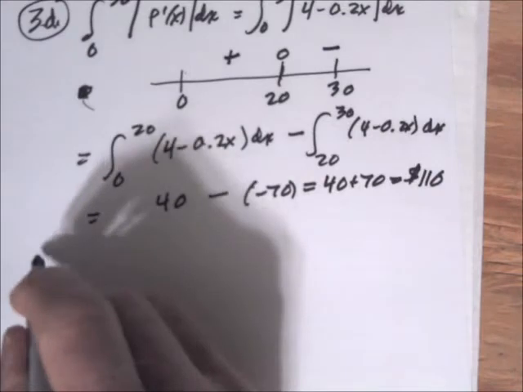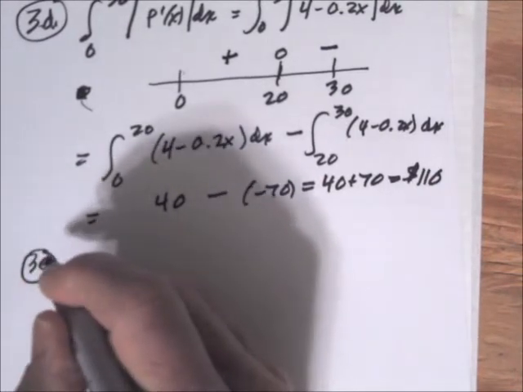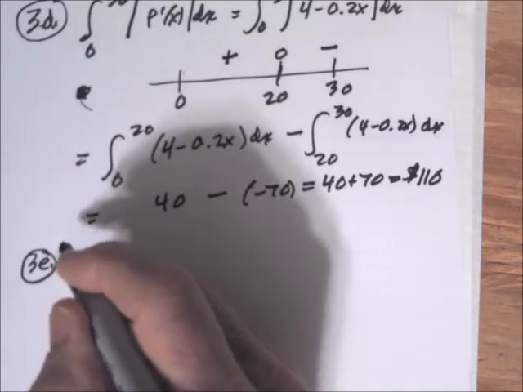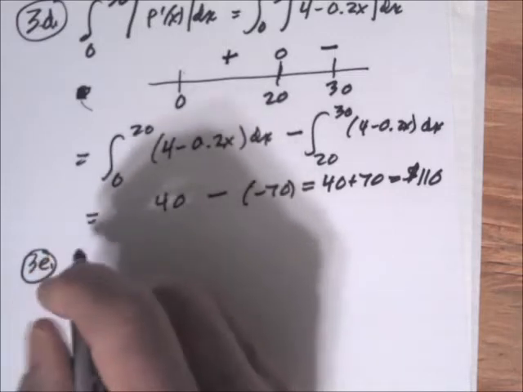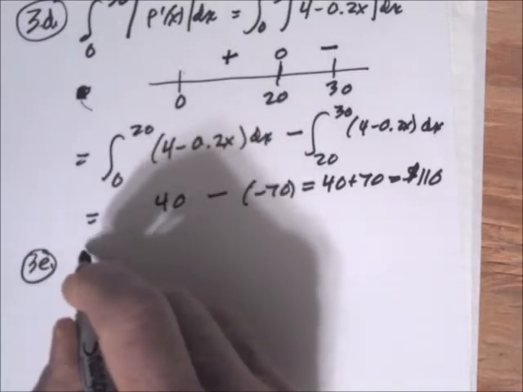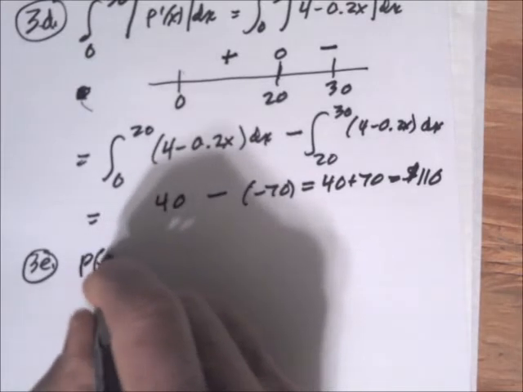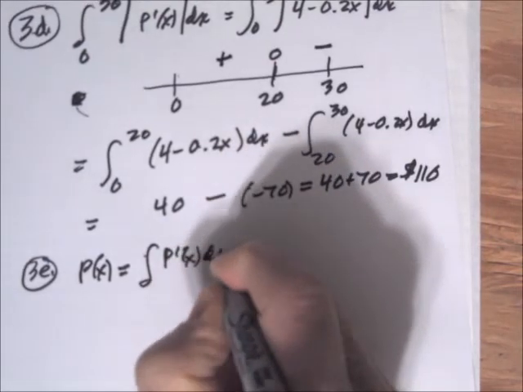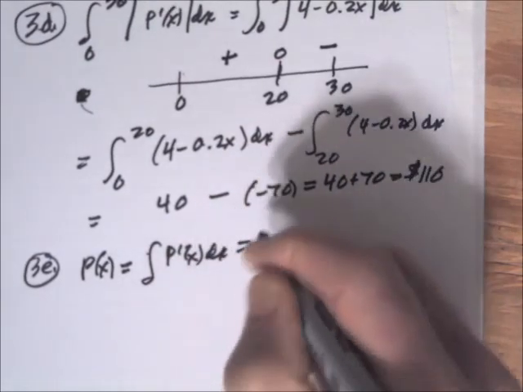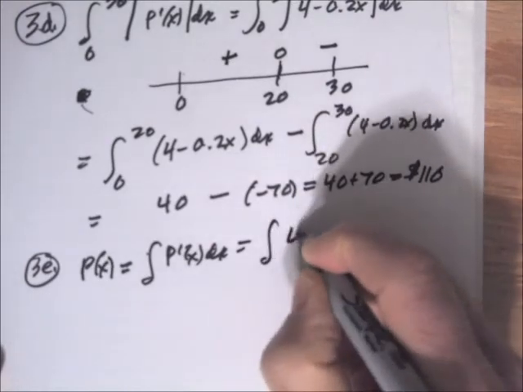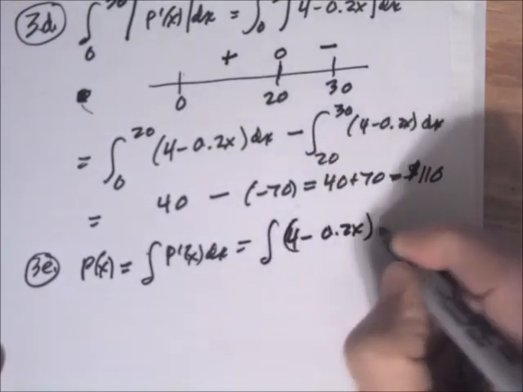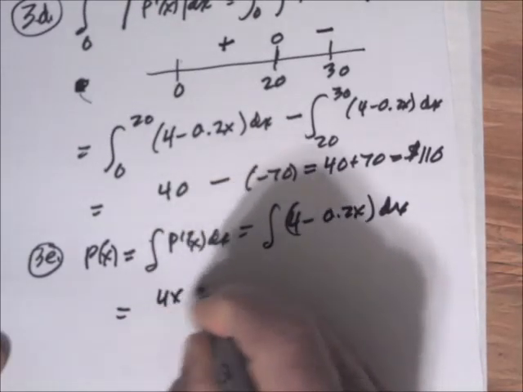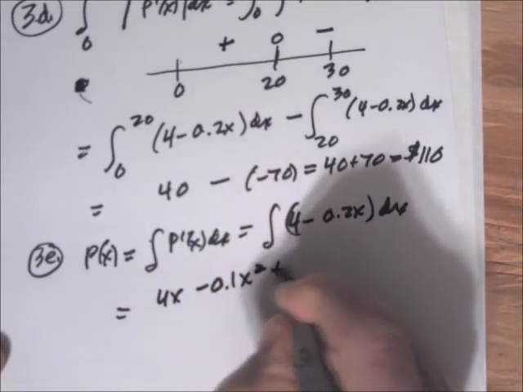Okay, so part E. If the profit for 10 gallons of paint is 0, find a formula. So P of x is going to be an antiderivative of P prime of x dx, so it's an antiderivative of 4 minus 0.2x dx, and this will be 4x minus 0.1x squared plus a constant.